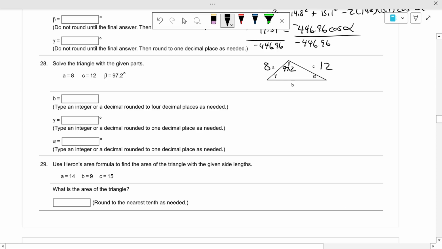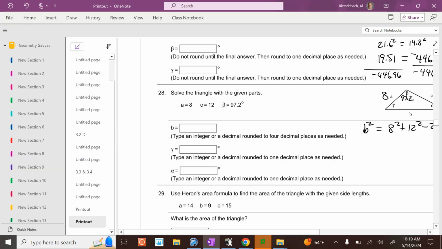Okay. So let's say we want to figure out B. Then B squared equals A squared plus C squared minus 2 AC cosine of 97.2. So you just put it into your calculator.